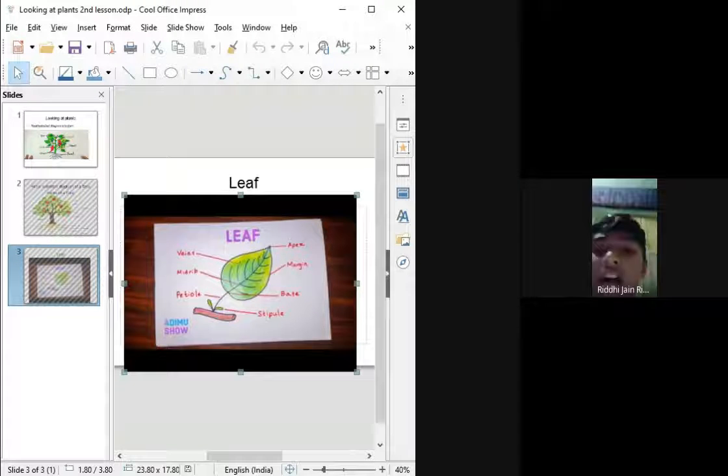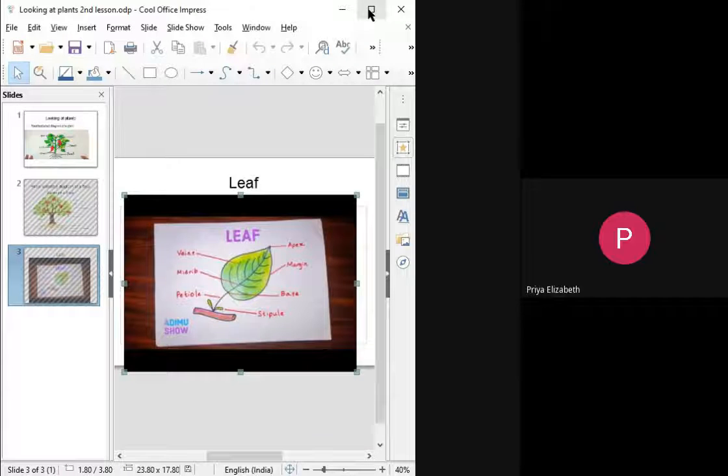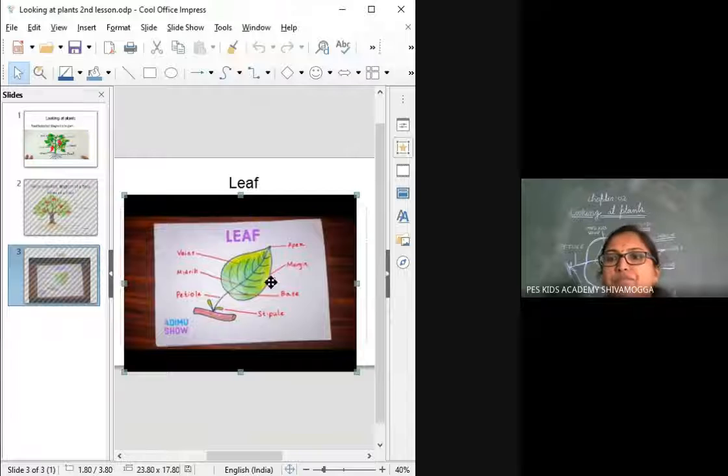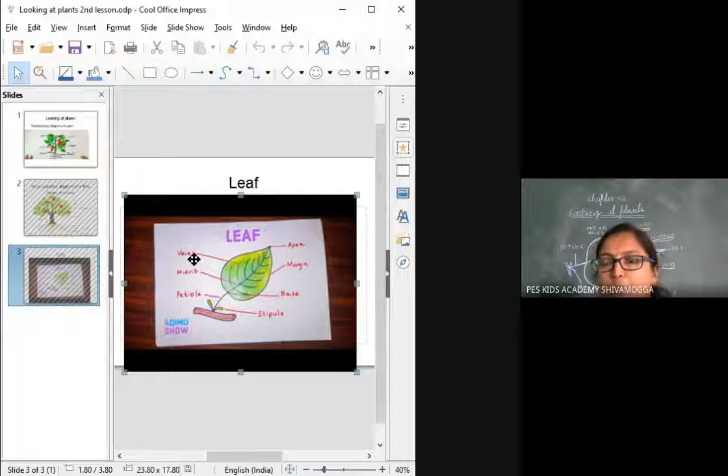Are you able to see? You just scroll down and then you can see online. Write down this one: petiole, stipules, midrib vein, the leaf margin and the apex. This is the structure of a leaf.